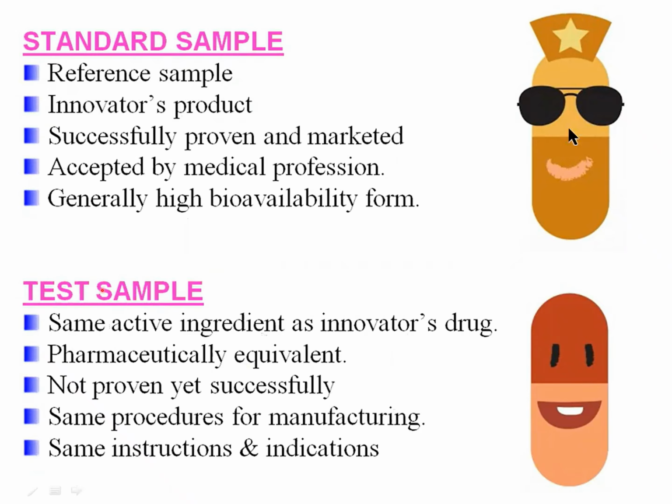Another is the test sample, which is actually measured by us. It has the same API as the innovator's drug, is pharmaceutically equivalent, but not yet proven successful, with the same manufacturing procedure, same instructions and indications. So these are the test samples which we usually apply, and this is the standard with which we compare.